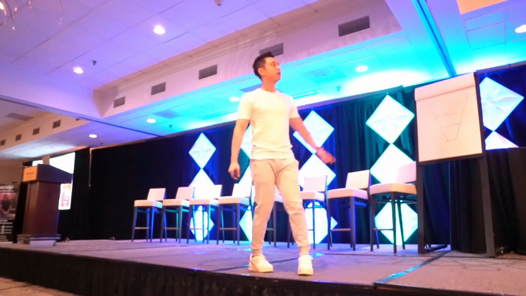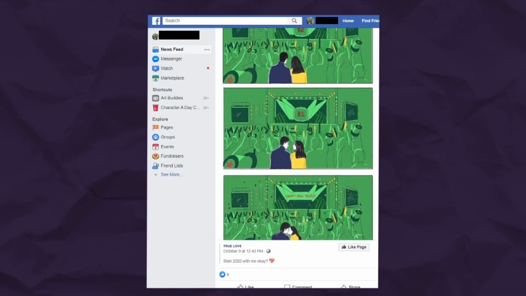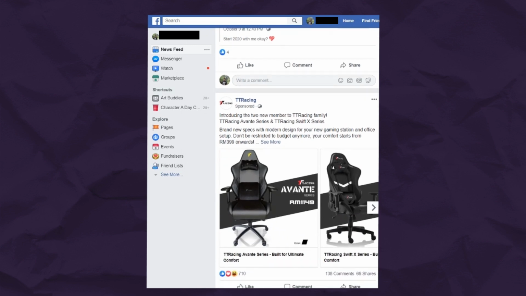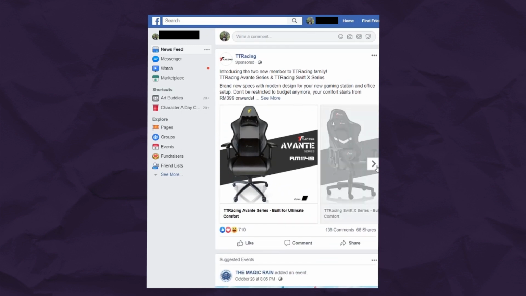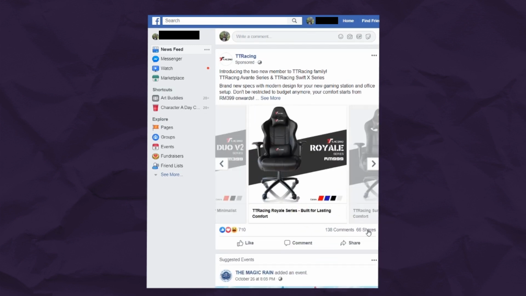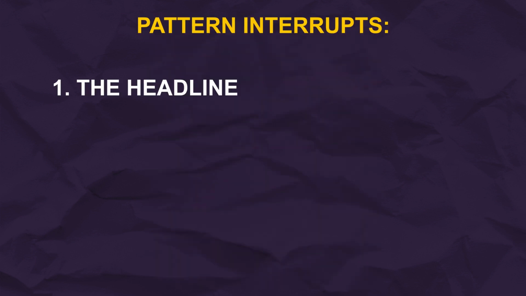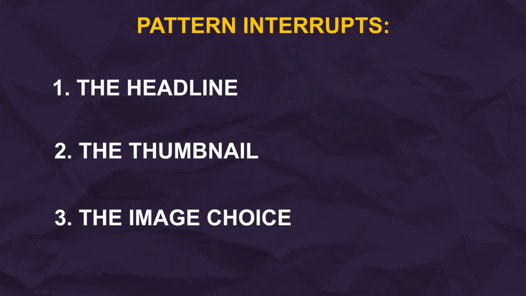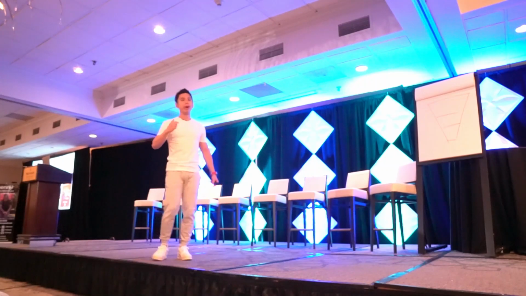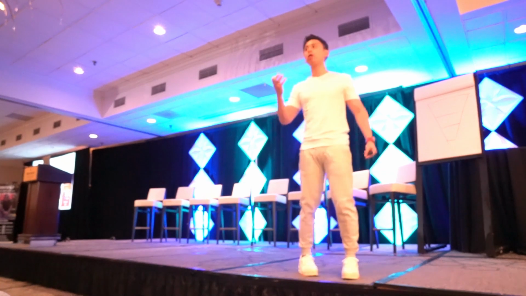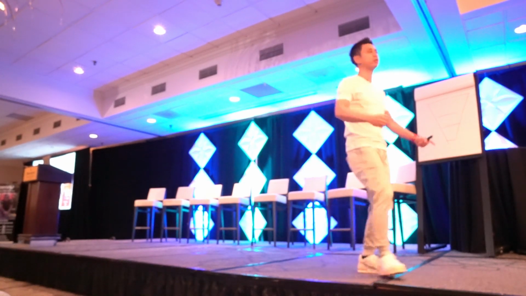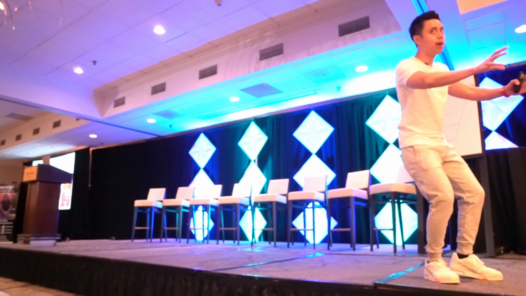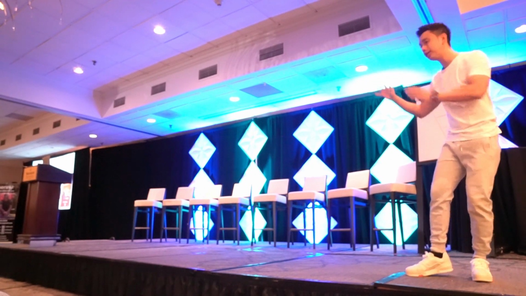For Facebook, people are scrolling, and what makes a person stop the scroll is the pattern interrupt. It would be the headline, the thumbnail, or the choice of image. So whenever you create content, think about what pattern interrupt is going to stop them in their tracks and give you that initial 3 seconds of attention.